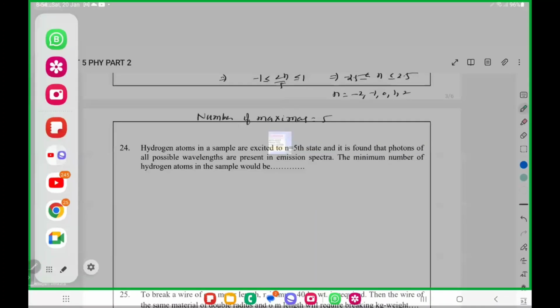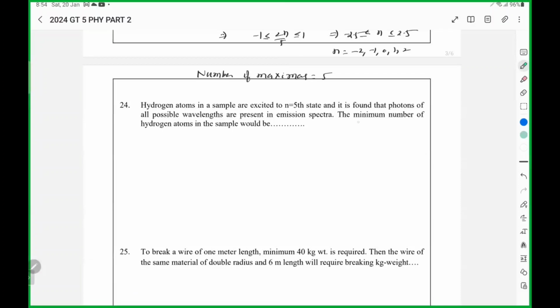In hydrogen, here in this question, number of photons of all possible wavelengths are present in emission spectra. So the minimum number of hydrogen atoms in the sample.